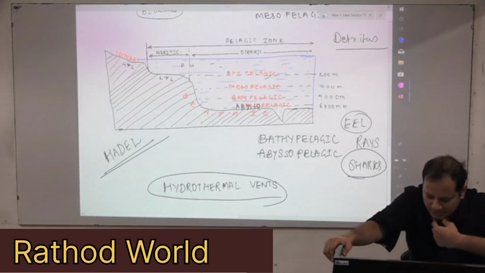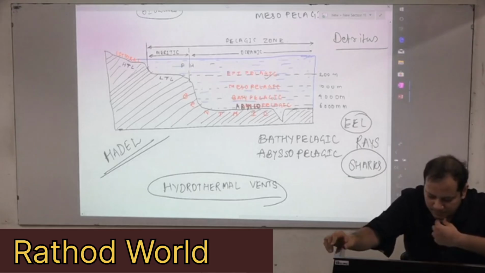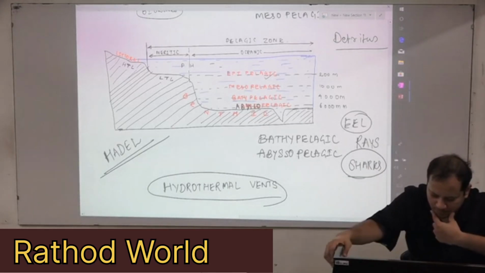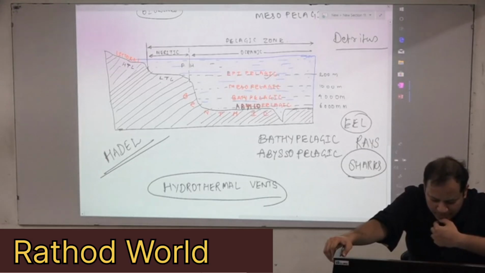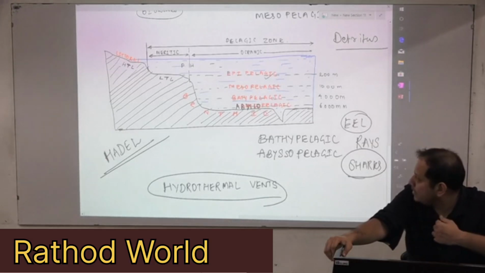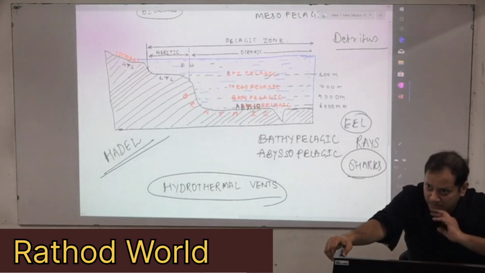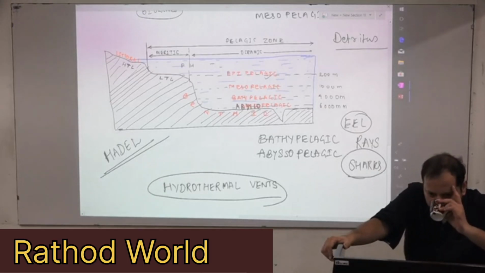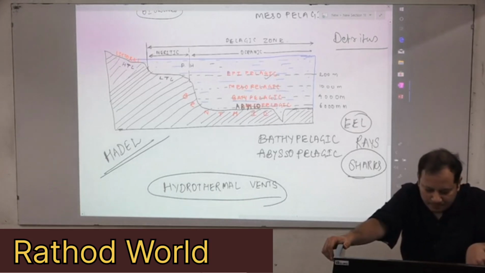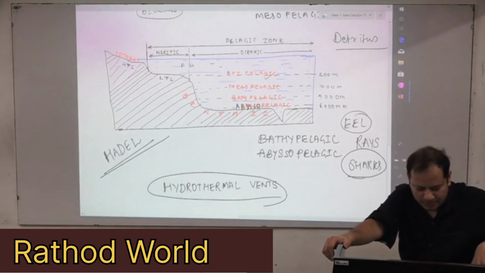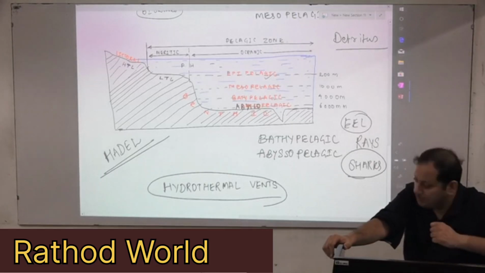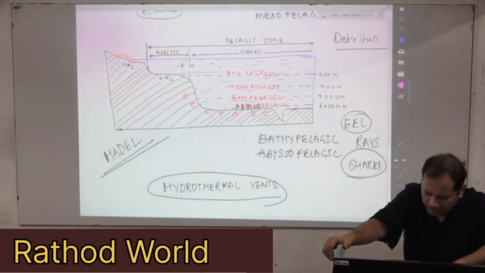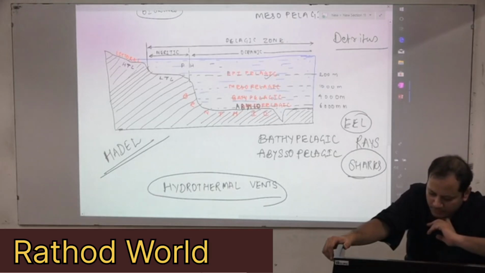It is generally found in the oceanic trenches, so it is not spread all across the oceans. No plants can thrive in this region.